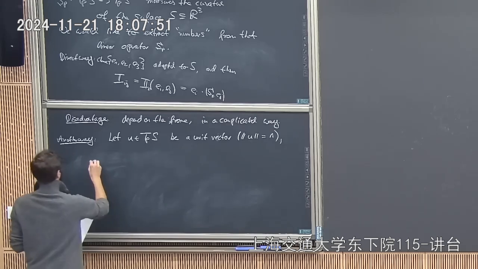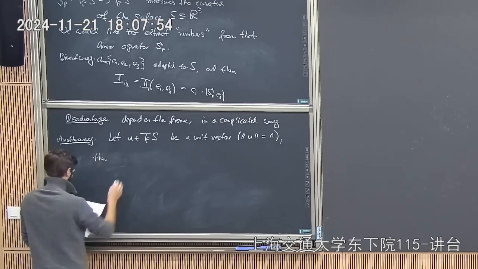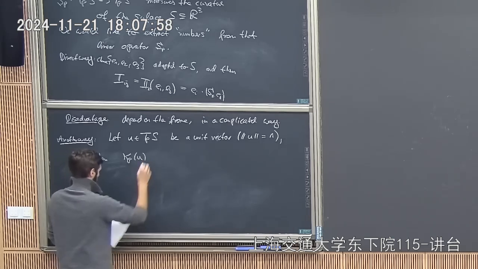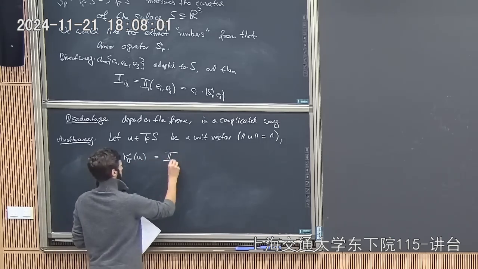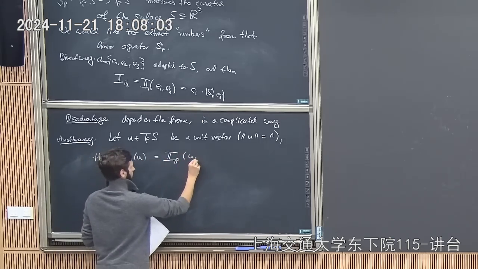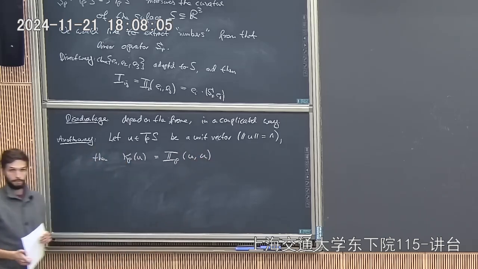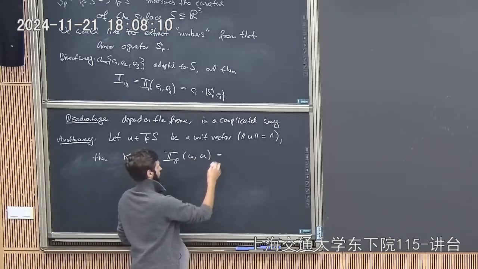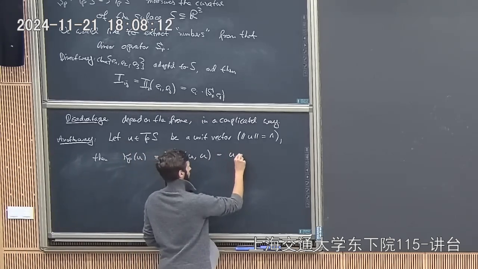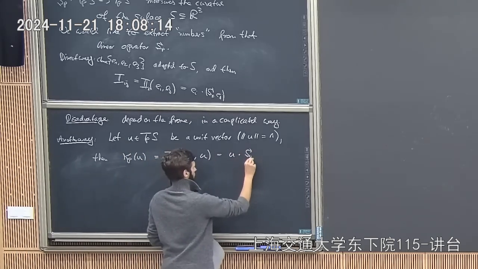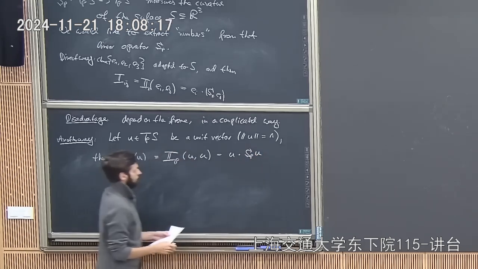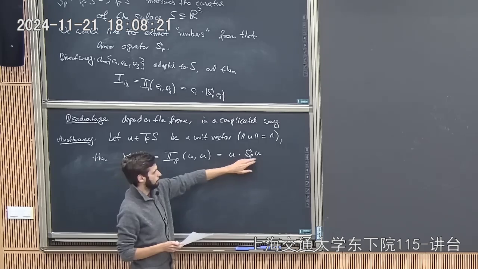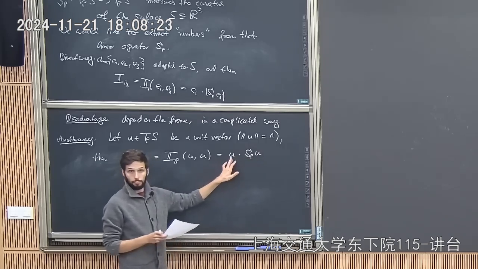Then the expression that we get, kappa_p of u, is defined as: we take the second fundamental form and we plug u into u. And that's equivalent, by recalling the definition of the second fundamental form in terms of the shape operator, to evaluating the shape operator on the vector u and then taking the inner product with u again.